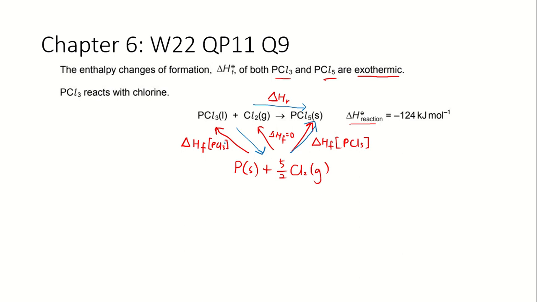So I need to change the sign of this enthalpy change of formation of PCl3 in order to reverse this reaction. So delta HR, the direct route, equals negative delta H formation of PCl3. By adding a negative sign in front of the enthalpy change of formation here, I'm reversing this reaction. And this one is still in the same direction as the enthalpy change of formation of PCl5, so I'm still using the positive sign.